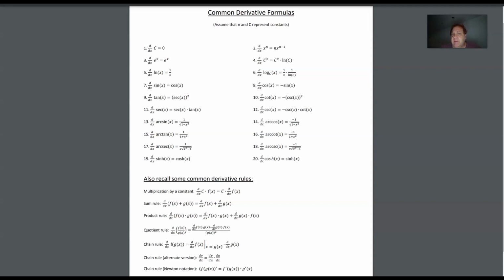We're going to have a lot of derivative formulas and derivative shortcut rules. I have on the screen here my reference chart of 20 of those derivative formulas along with some derivative rules. So there's a lot there. Remember, not only stay organized, but when you're using a reference sheet, don't just use it passively.